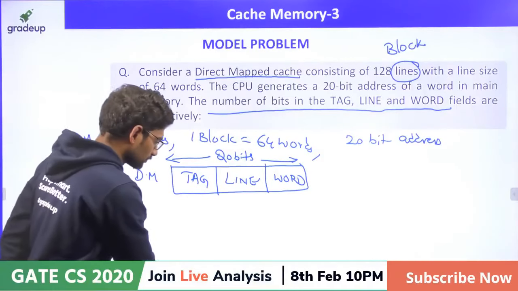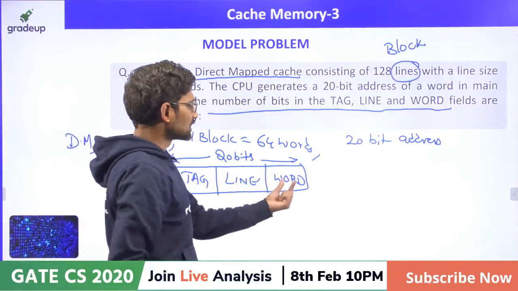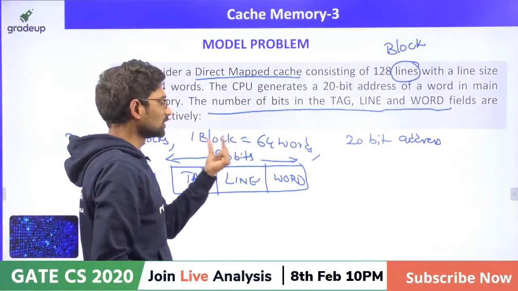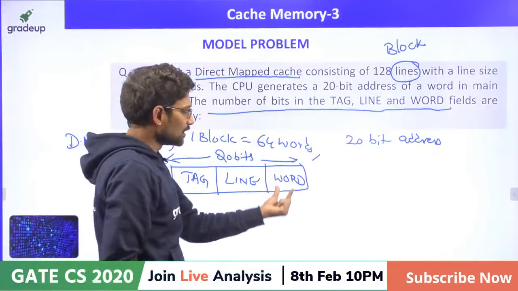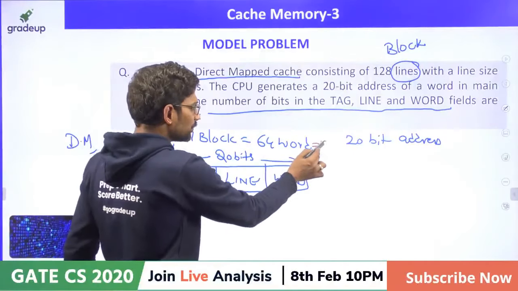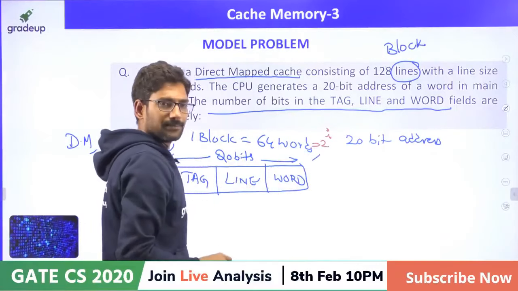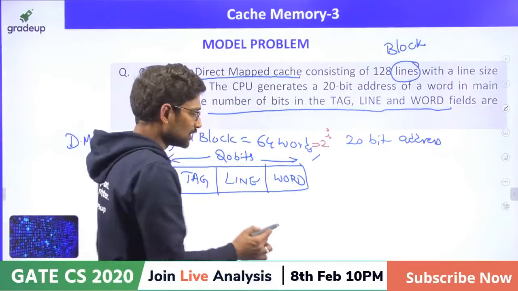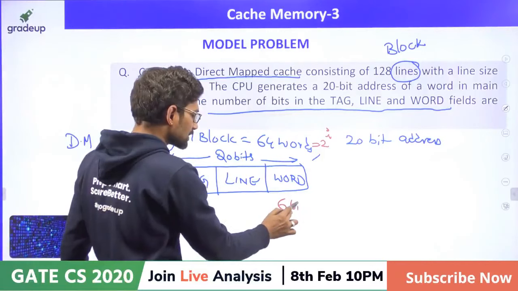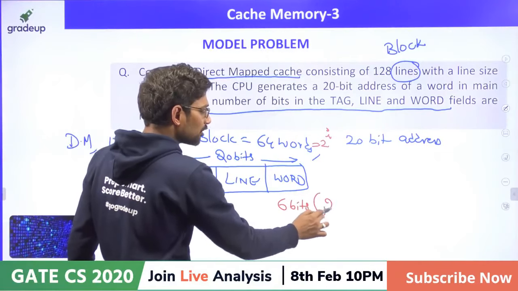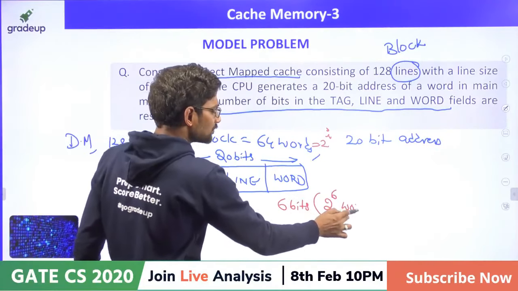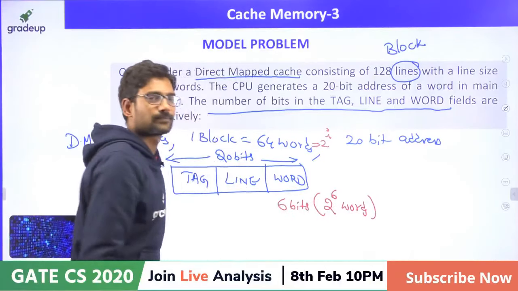Now, how many words are there in a block? 64 words. So if it is 2 power I, what is I? 6, isn't it? So, 6 bits. Why? Because there are 2 power 6 words in a block.